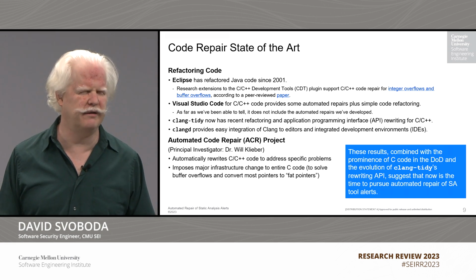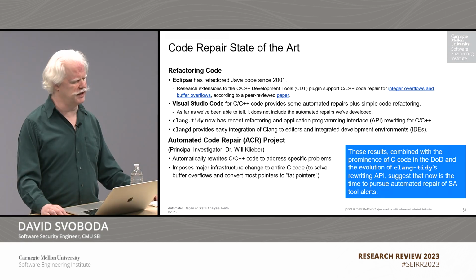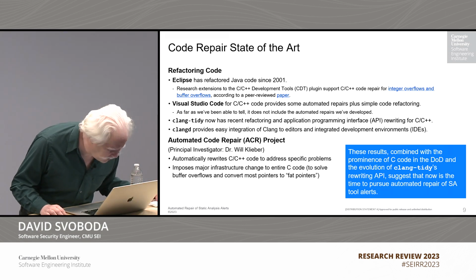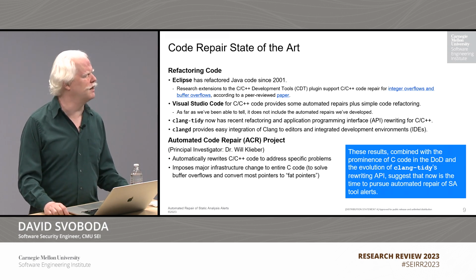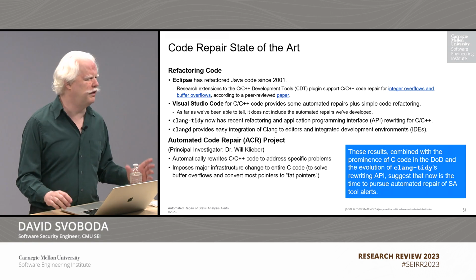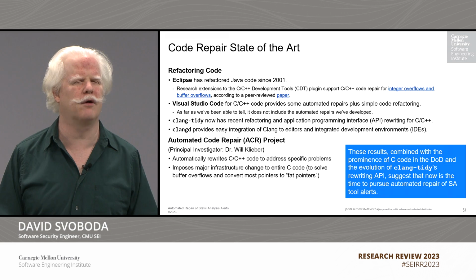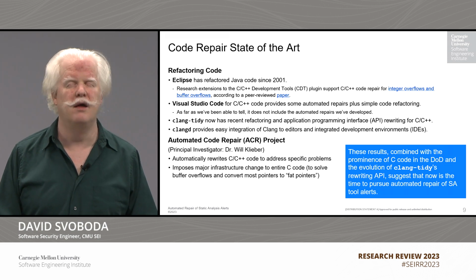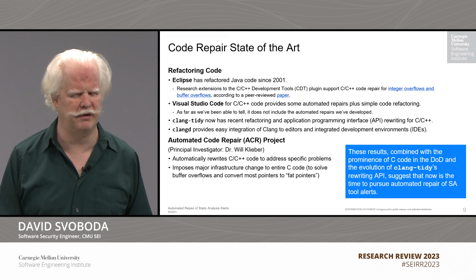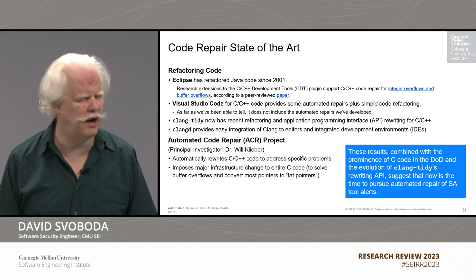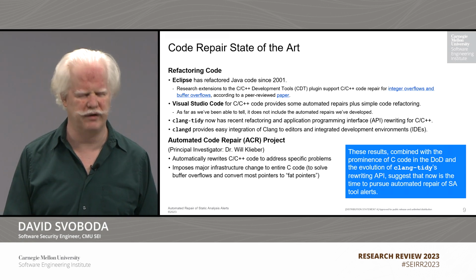There are plugins that have been developed for Eclipse's CDT for developing C and C++ code, such as for repairing integer overflows and buffer overflows. There are also refactoring plugins for Microsoft Visual Studio Code that will also do code refactorings, that is automatic rewriting of C or C++ code. As far as we can tell, they have not extended them to doing fixes for security problems, such as what we're proposing here.